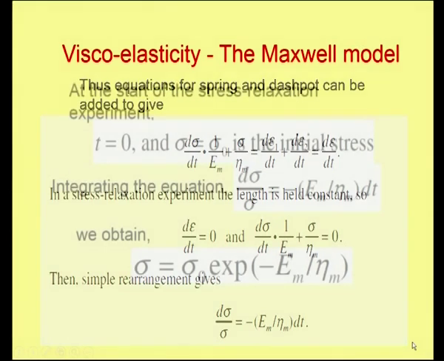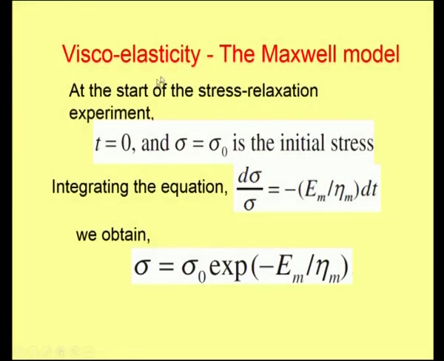At the start of the stress relaxation experiment, that is at time t equal to 0, let the initial stress be σ0. This is the initial stress in the model, combining the stress in the spring as well as in the dashpot. With these boundary conditions, we integrate the equation dσ/σ equal to minus Em by ηm into dt.